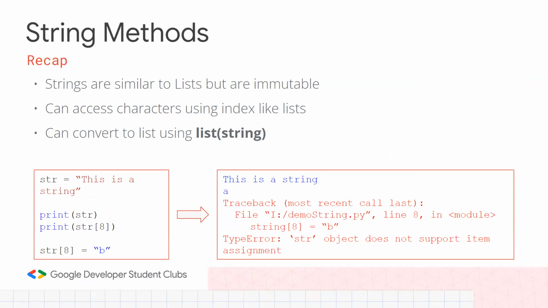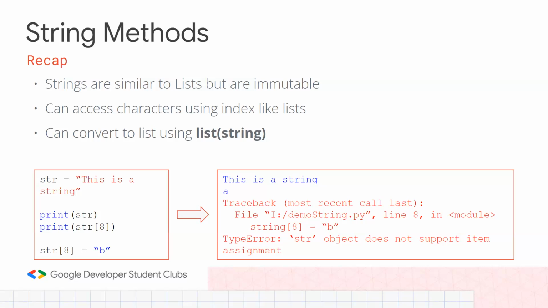You can also access characters of a string using the index of the string, as I was doing with that hello example, and you can convert strings to lists using the list(string) function. So we have an example here, example string, this is a string. When we print it, obviously we get this is a string printed.